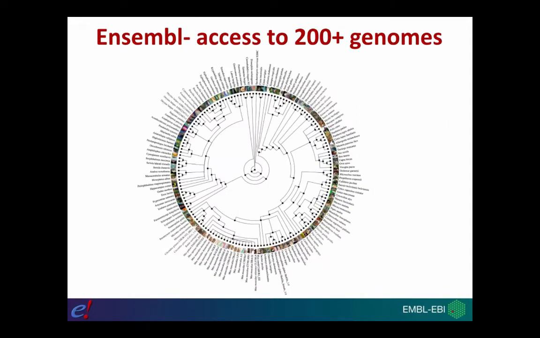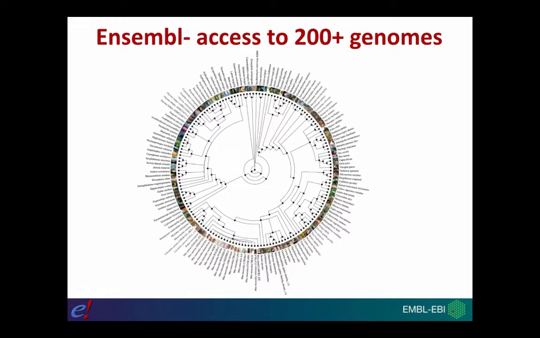As I said, Ensembl has access to over 200 different species. We've got over 200 different genomes available through Ensembl. One thing that you might notice when you go to Ensembl is that most of the species are vertebrate species. We only hold data for species that have a notochord.